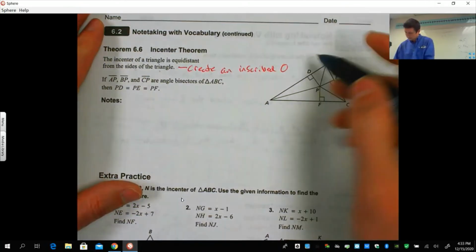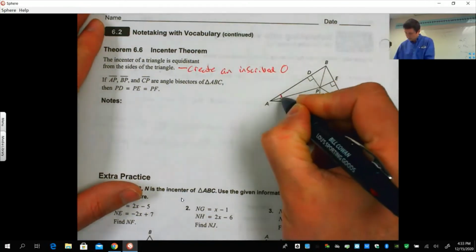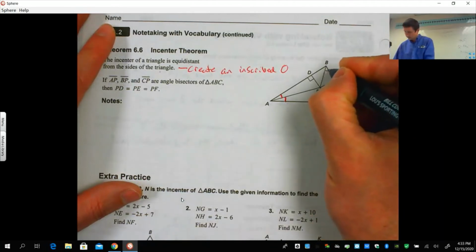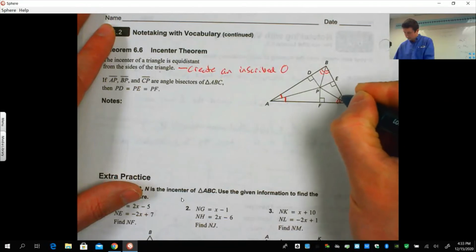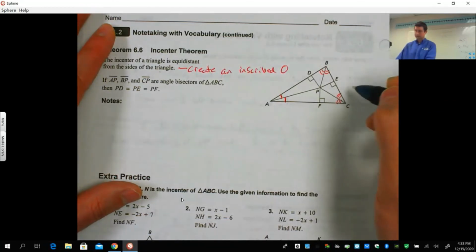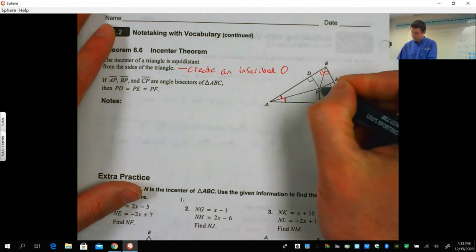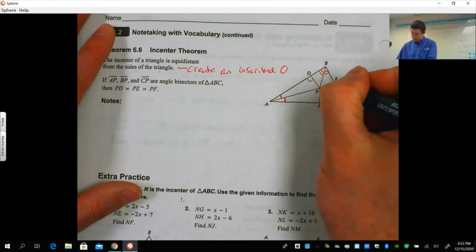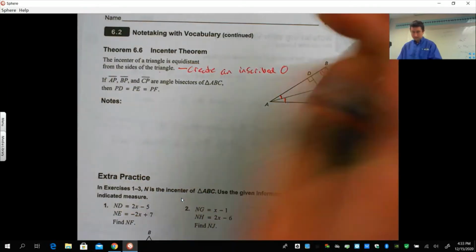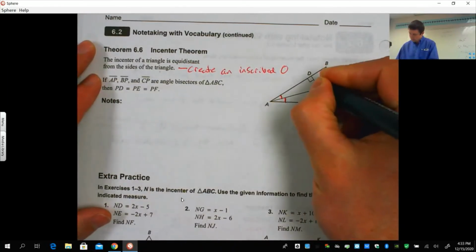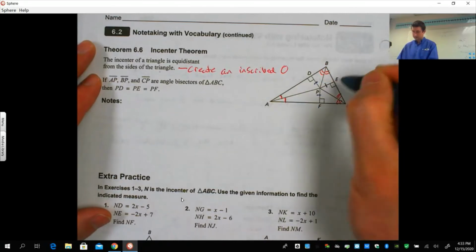So what happens is if you cut this angle in half, and you cut this angle in half, and you cut this angle in half, they all could be different halves because they're all different size angles. But if you do that, then this point of concurrency is going to be the same distance, P to E, P to D, and P to F. It's the same distance.